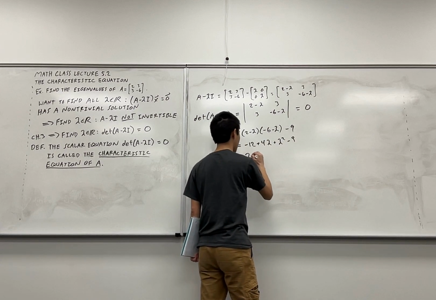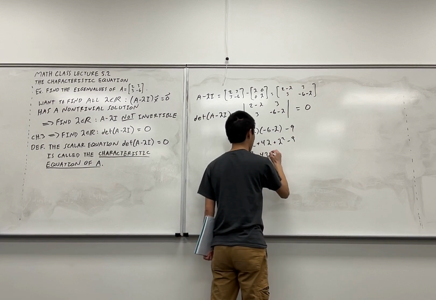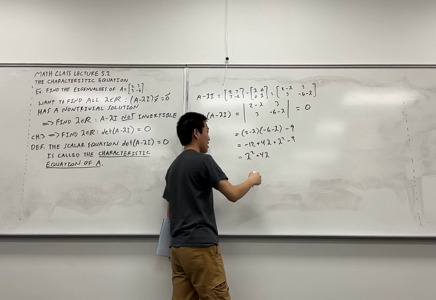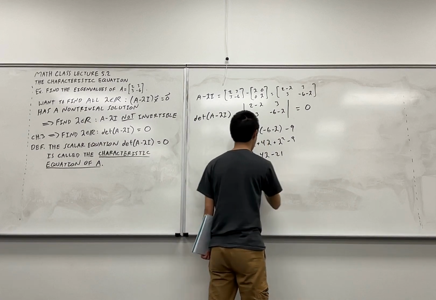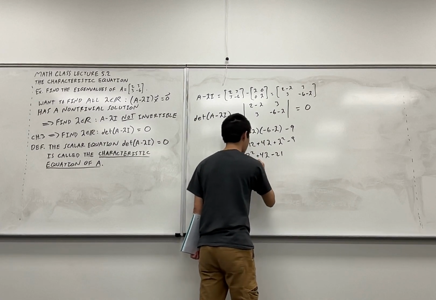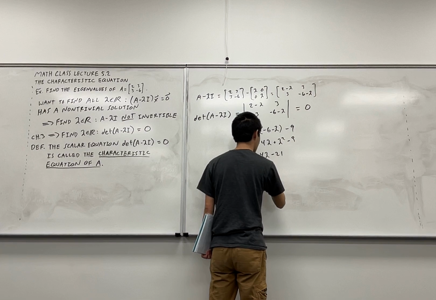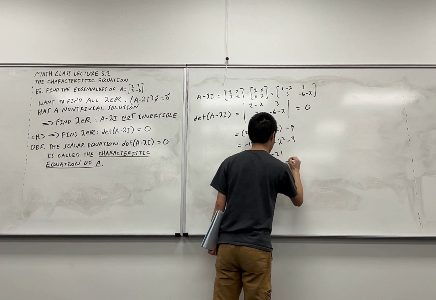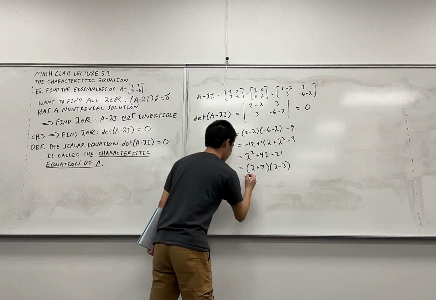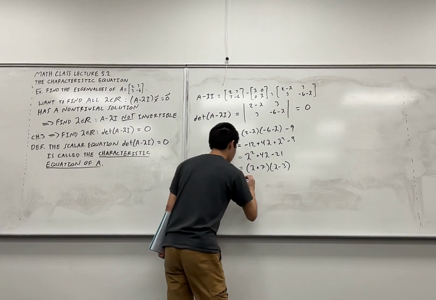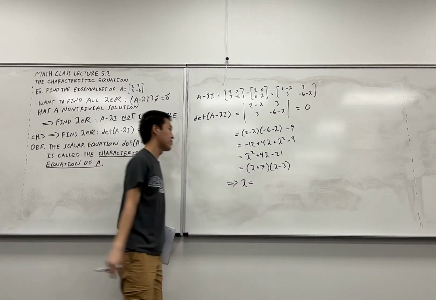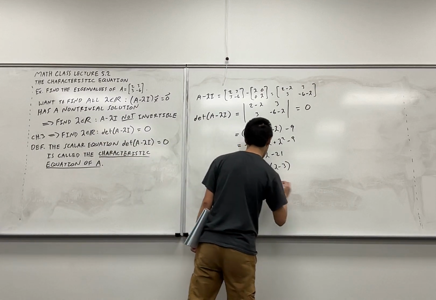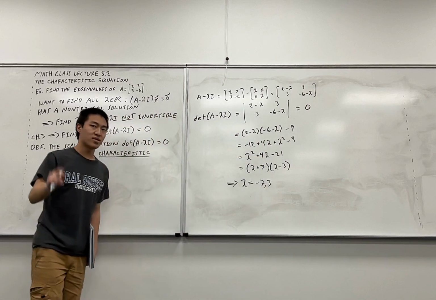When I recoup, I have lambda squared plus 4 lambda. And then I have minus 12 minus 9, so overall minus 21, which now factors into lambda plus 7, lambda minus 3, which tells me that what are my eigenvalues? Negative 7 and 3. Ta-da! Each with a multiplicity of 1.